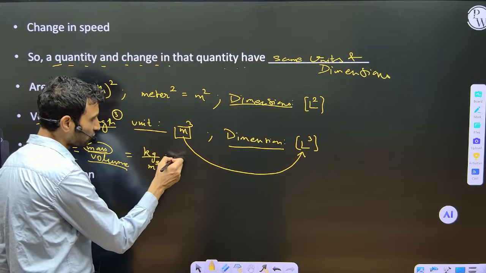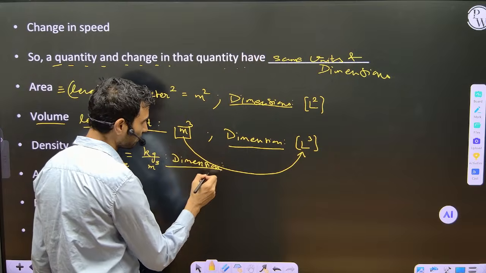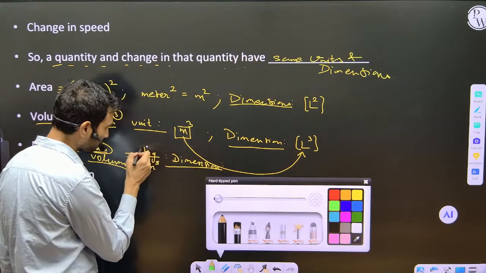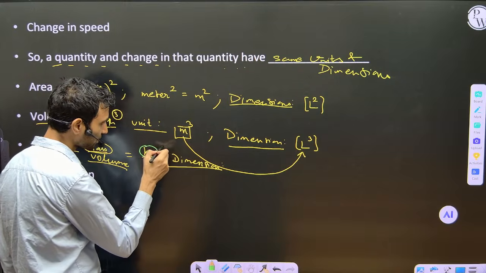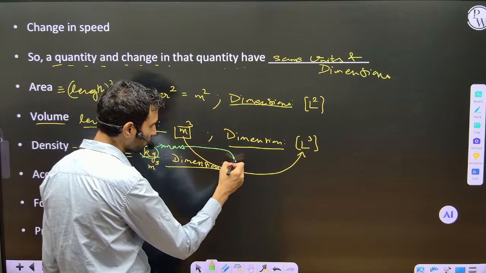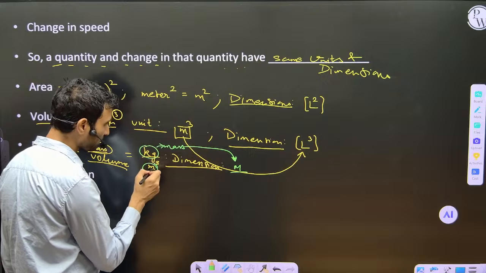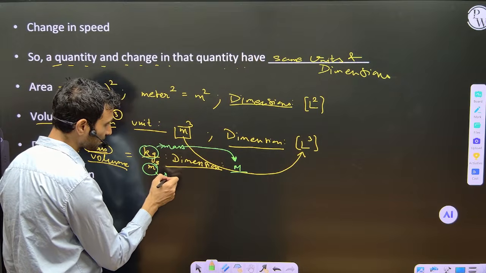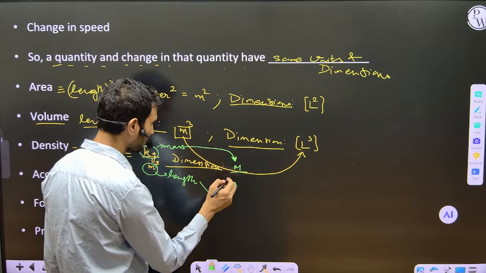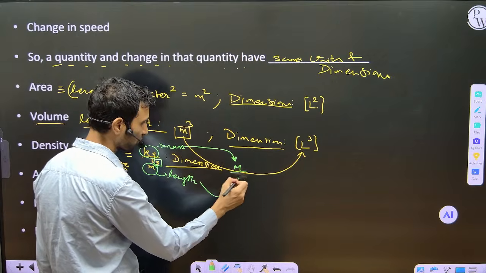So what is the dimension coming out to be? kg means mass, so the mass dimension will be M, and meter means length, so L, but there is a cube there, so I have to put a cube.